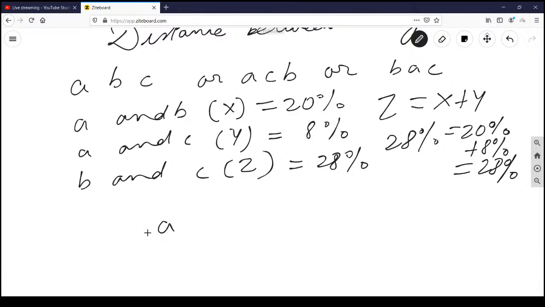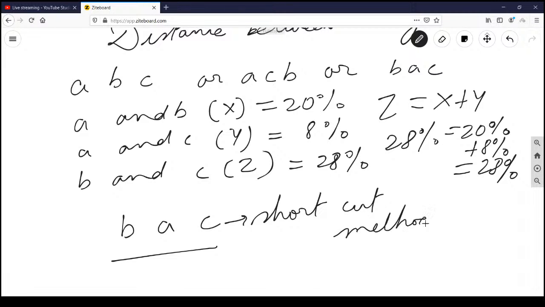So A will be in the middle, B and C at the extremes. So it will become BAC. This is the shortcut method of deducing the entire gene mapping.